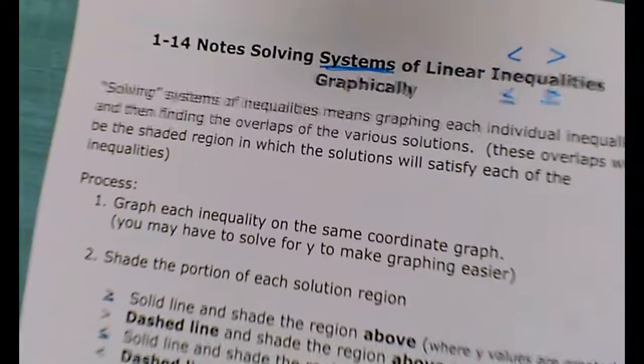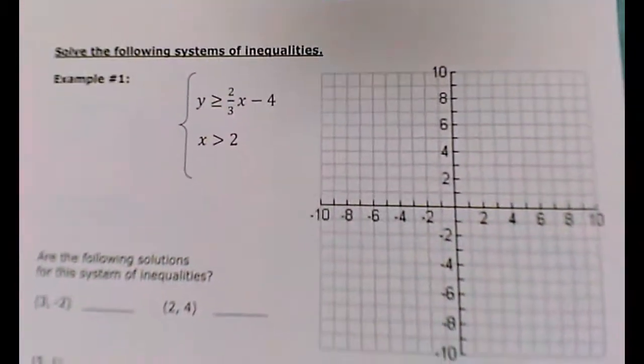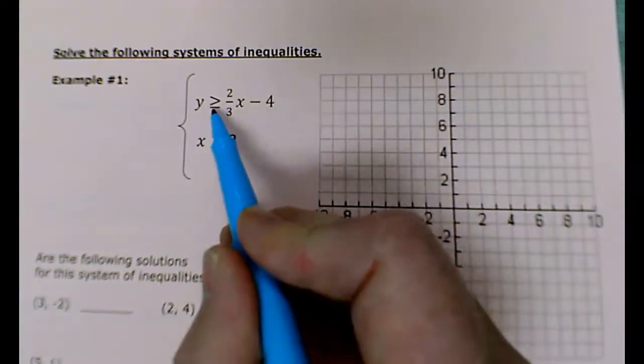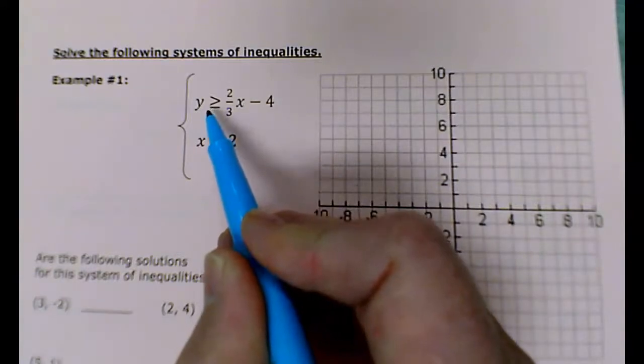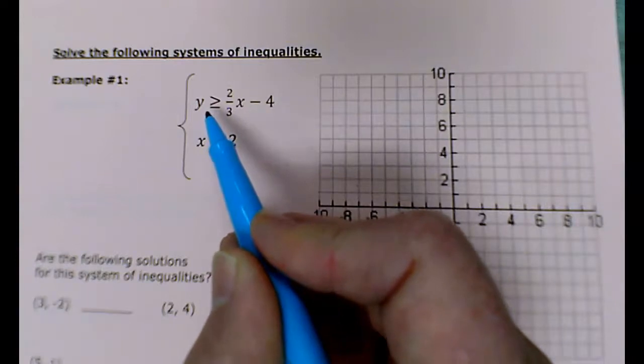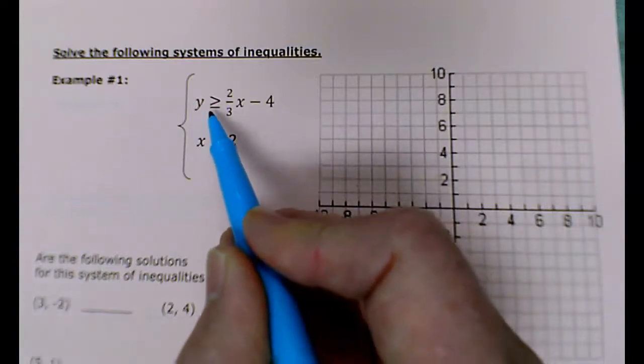Okay, let's look at example number 1. Example number 1 is already in y equals mx plus b form. So, do you know whether that's a greater than or less than sign? If not, you can look back to the front of your page.